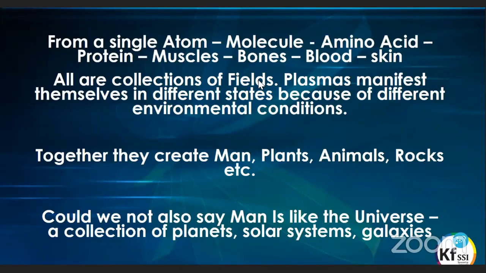And together they create the man, the planets, the animals, the rocks, whether it's our sun, the solar system, our galaxy or universe. And when we look at just the way that we are made up, could we not say that man is like the universe? It's just a collection of planets, solar systems, and galaxies. So, it really puts into perspective what we've often heard, as above, so below.